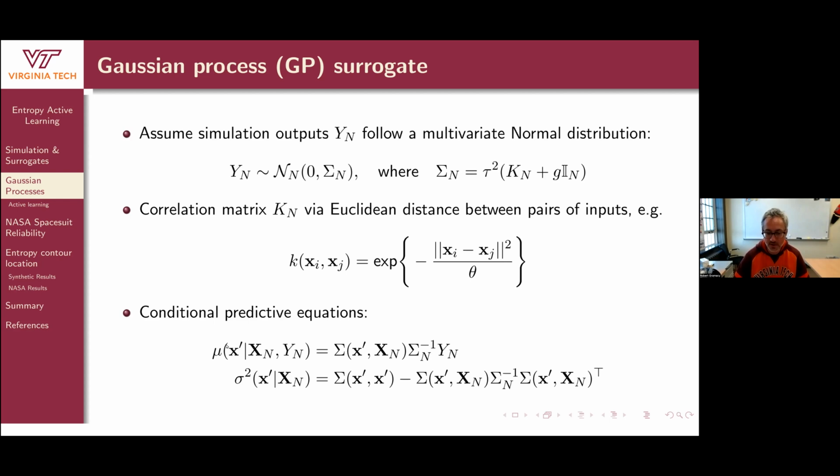You can predict the mean of the outputs at a new input X prime as a function of the distance between its input configuration and the training data through a linear equation. So it's a linear equation, but it's linear in distance, or an inverse distance, between the training data locations and the testing data location. And the predictive uncertainty, or the variance, is a quadratic function of those distances.